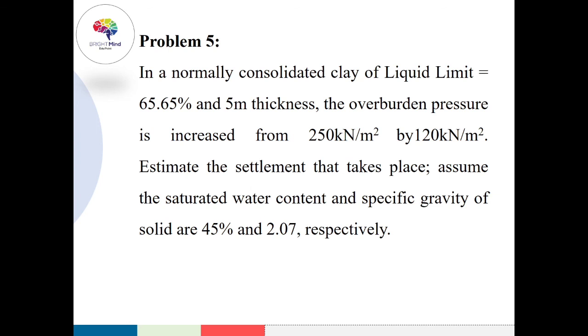Assume that saturated water content and specific gravity of solids are 45% and 2.07 respectively. So we'll write down the data provided to us: the initial pressure, that is 250 kN per meter square, and the incremental pressure, that is delta P, equal to 120 kN per meter square.